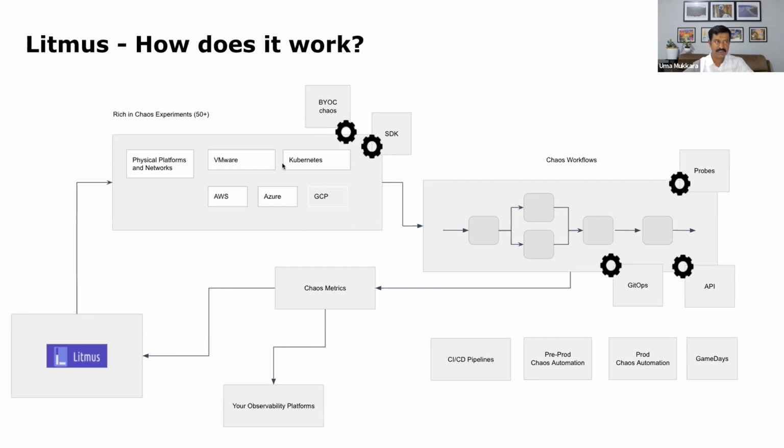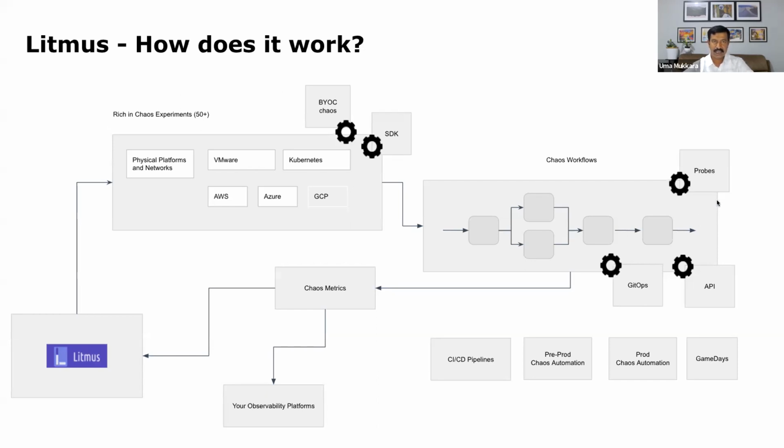So using these experiments, you build chaos tests or chaos workflows, chaos scenarios, and there's a good API available for manipulating, scheduling, and orchestrating these workflows. And you also have GitOps enabled so that these chaos workflows can be triggered.